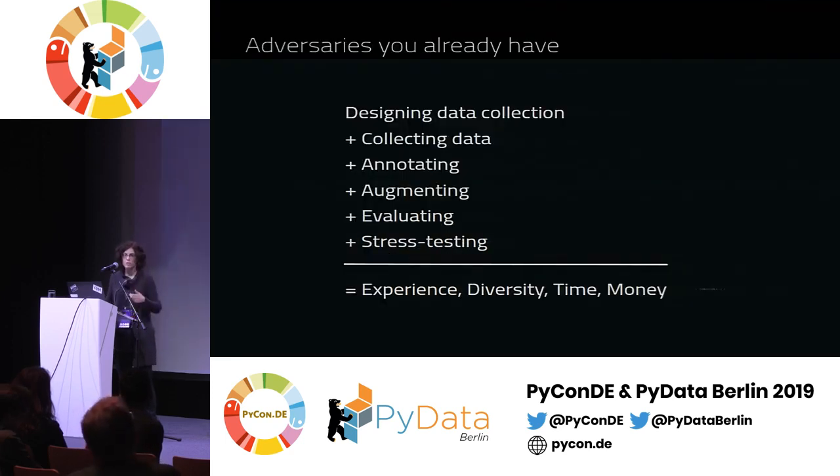So for instance, whenever you're building a system, you're going to want to design your data collection correctly. You need to go out and annotate it. You're going to have to, while you're training, design the correct augmentations. You're going to have to evaluate and test the hell out of your model before you put it in production. And you cannot always do this properly.